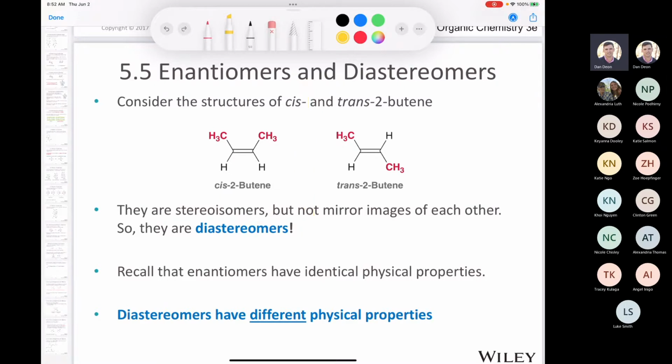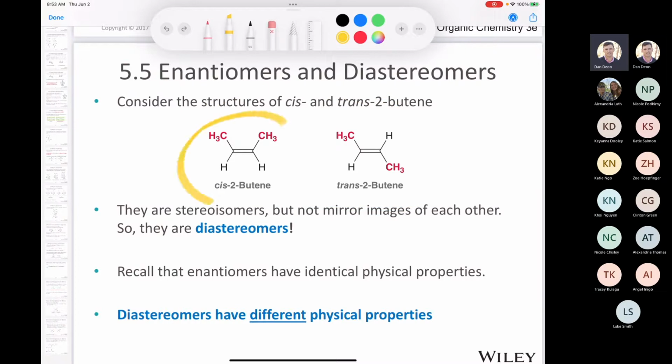Now, remember that enantiomers have identical physical properties. The example that I showed you a few slides ago was R and S carvone. Enantiomers do have identical physical properties, but diastereomers will have different physical properties. These two compounds will have different melting points, different boiling points, different densities. Why is that?